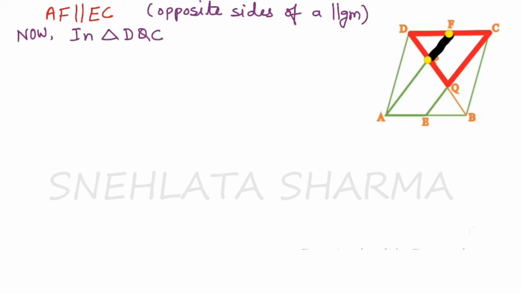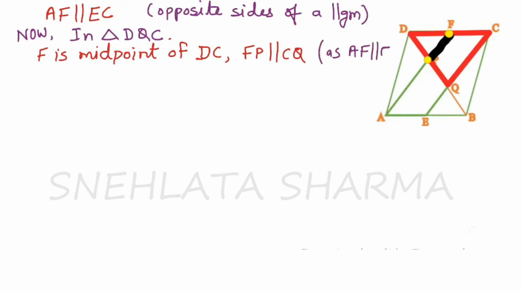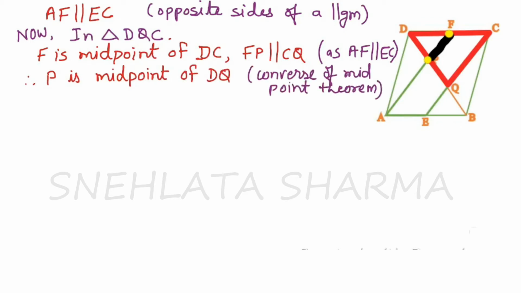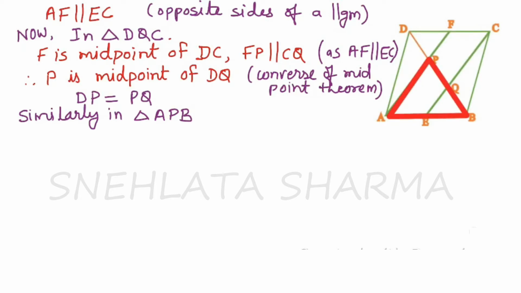Let's write this. In triangle DQC, F is midpoint of side DC and FP is parallel to CQ. As AF is parallel to EC. Therefore, P is midpoint of DQ. By converse of midpoint theorem, this gives DP is equals to PQ. Similarly, in triangle APB, now we will consider triangle APB. See figure. This is triangle APB. Here we have E is midpoint of AB.